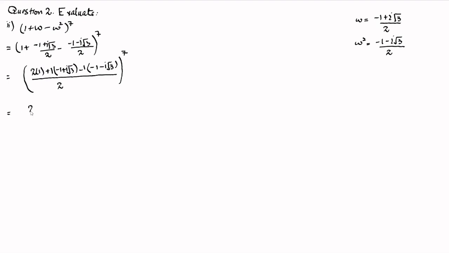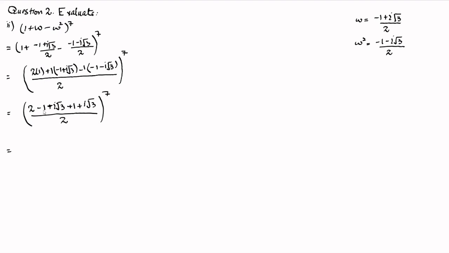Now we have 2, 1 multiplied with minus 1 minus 1, 1 multiplied with plus iota square root 3 is plus iota square root 3, minus 1 multiplied with minus 1 is plus 1, minus 1 multiplied with minus iota square root 3 is plus iota square root 3, divided by 2, whole power 7.